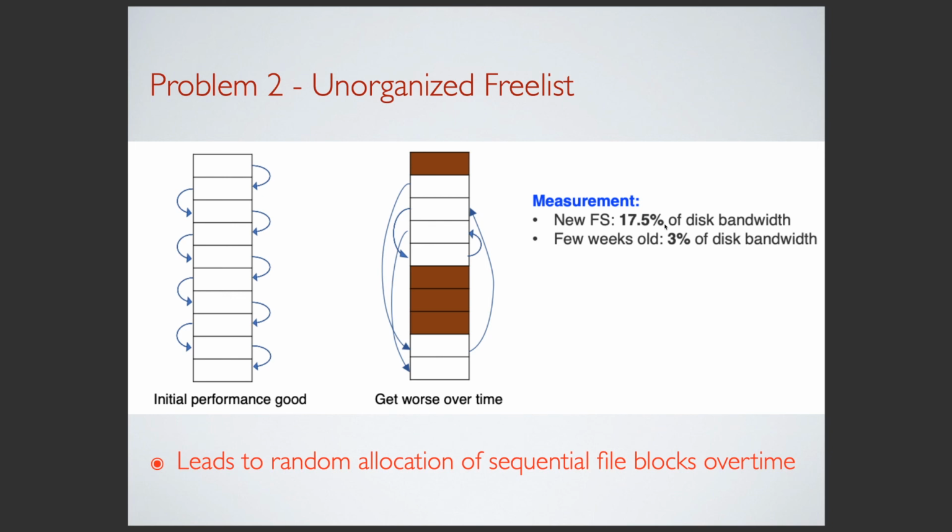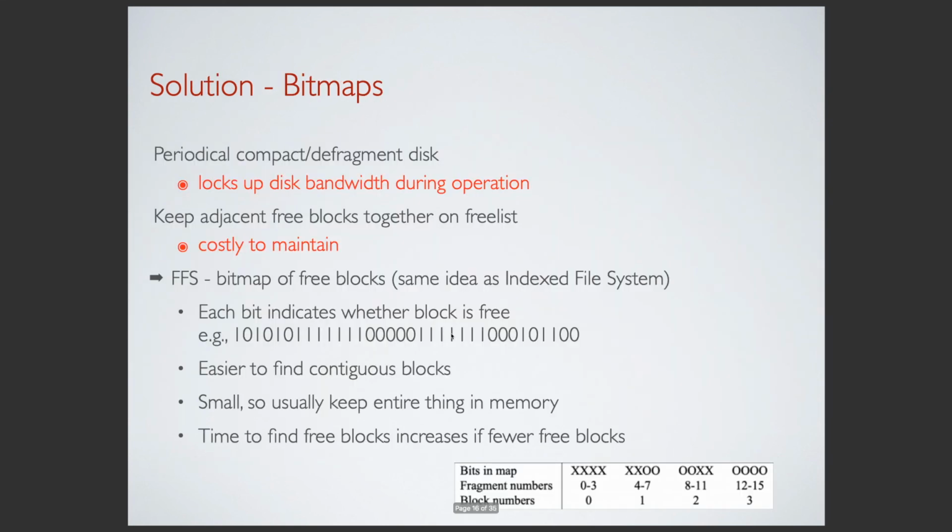And that was pretty bad. So here the problem is that having this kind of list needs a random allocation of sequential blocks over time, and they were not able to regroup all these free blocks together or to reorganize the list.